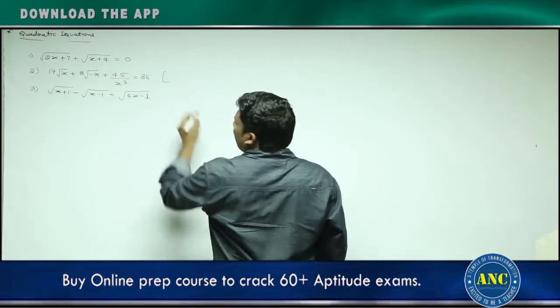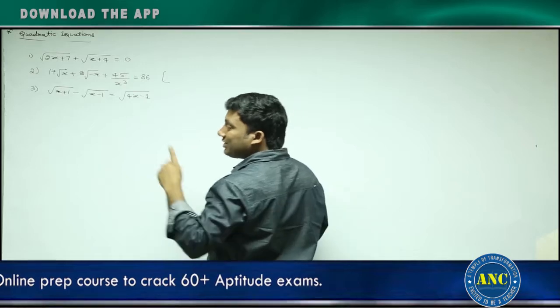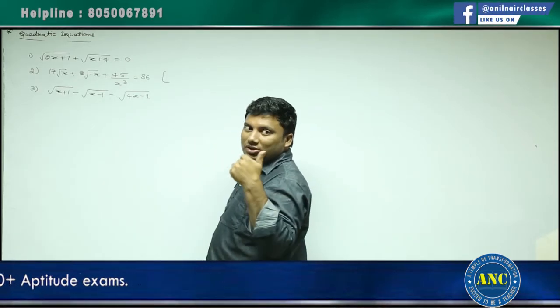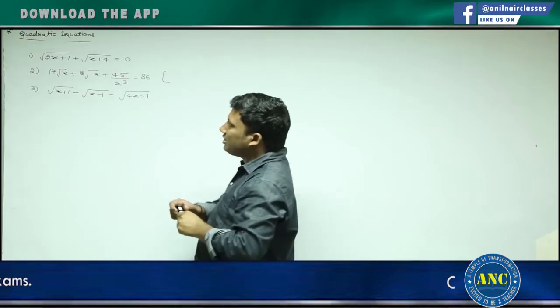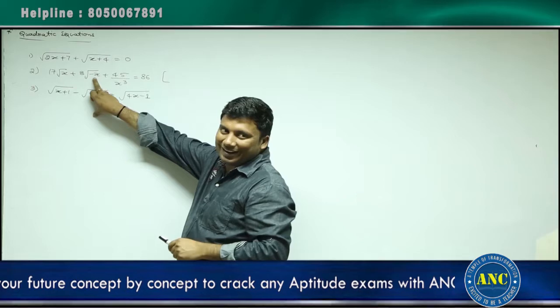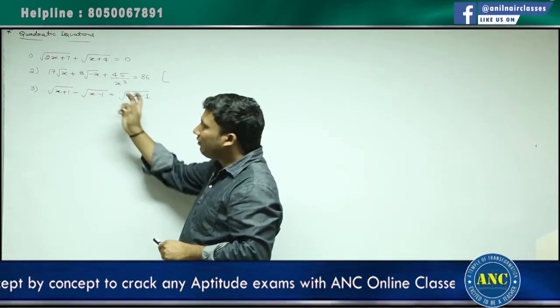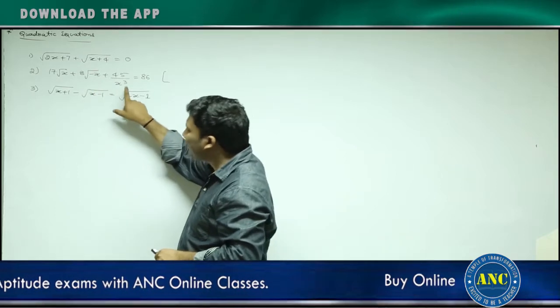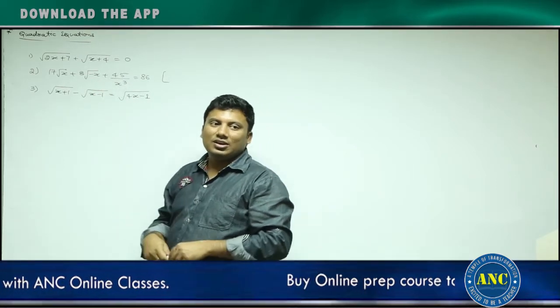Second one, there will be no value because x could take any of three cases: positive, negative, 0. If x is positive, what is under the root of minus into positive? Negative. This will become negative. If x is negative, this will become negative. If x is 0, the denominator will be 0.